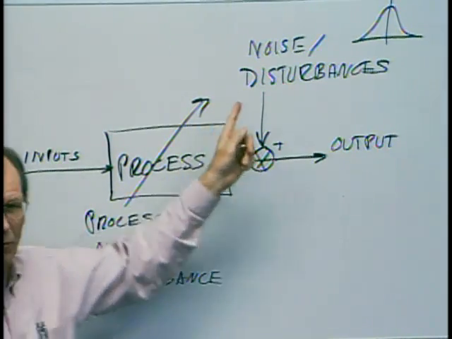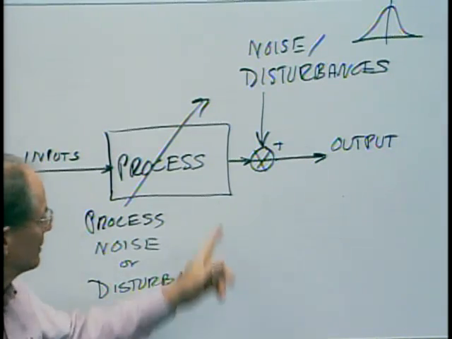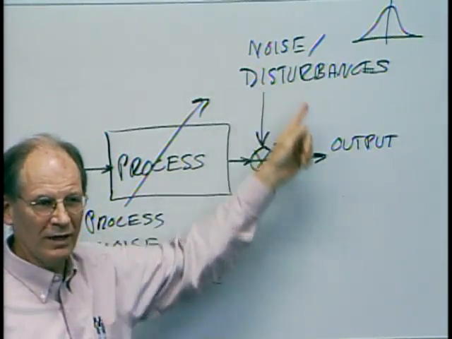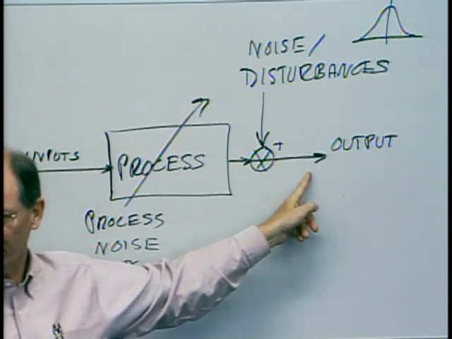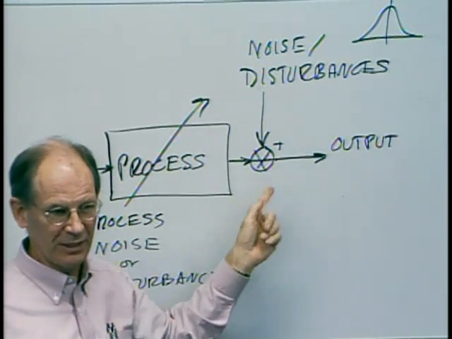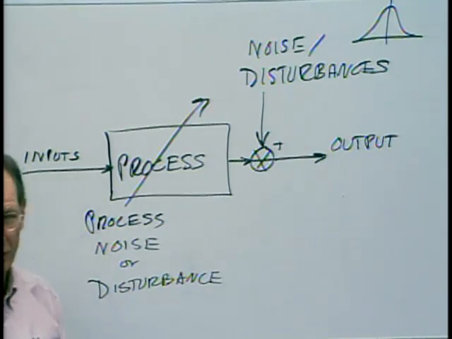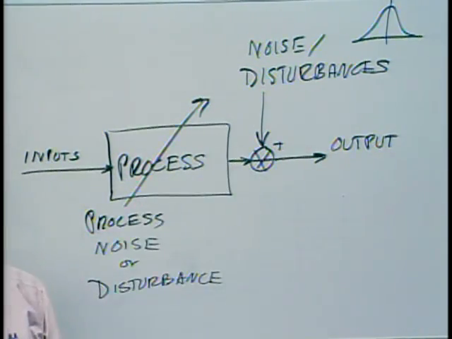Okay, so now we aren't going to actually talk a whole lot about measurement in this class, but indeed, one of the good examples of this is measurement. So your perceived output is different from the real output because of some uncertainty in the measurement. So this is also a way of dealing with measurement noise, and indeed, we deal with measurement noise exactly the same way we do with process noise.